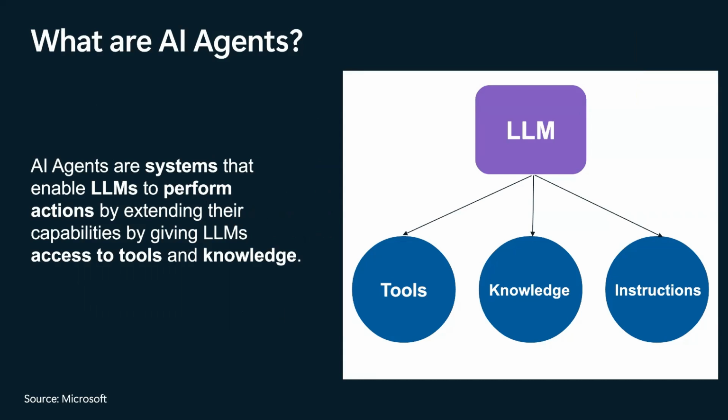They basically use large language models to process your prompts. But if you ask ChatGPT, hey, send an email for me, or hey, just create this item in my database, it will not, unless you bring those tools inside the agent, right?